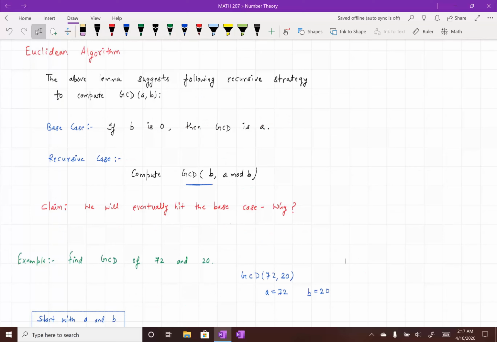According to the lemma, we can use a recursive strategy to compute the GCD of two positive integers A and B. So to compute the GCD of A and B, you can build a base case.